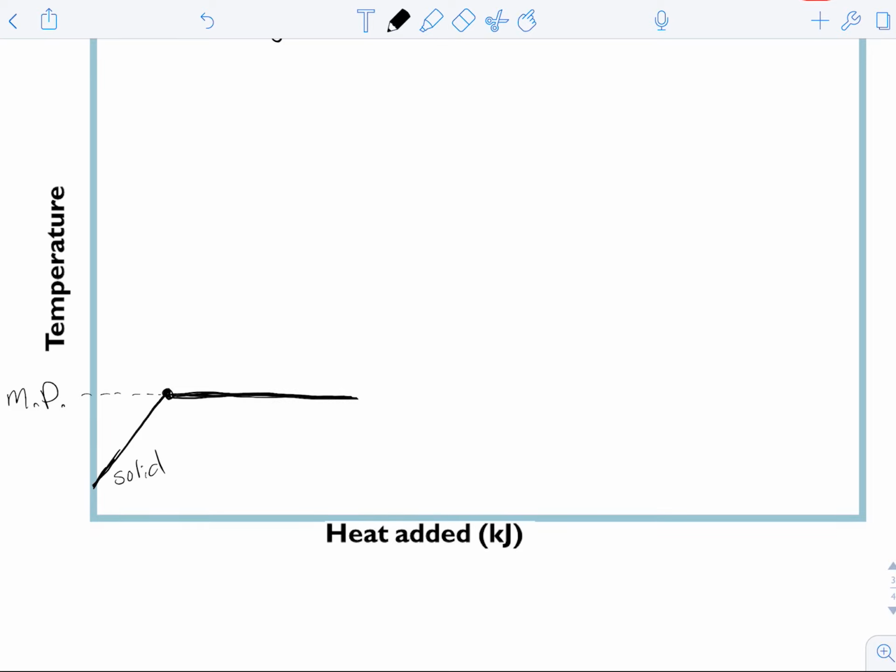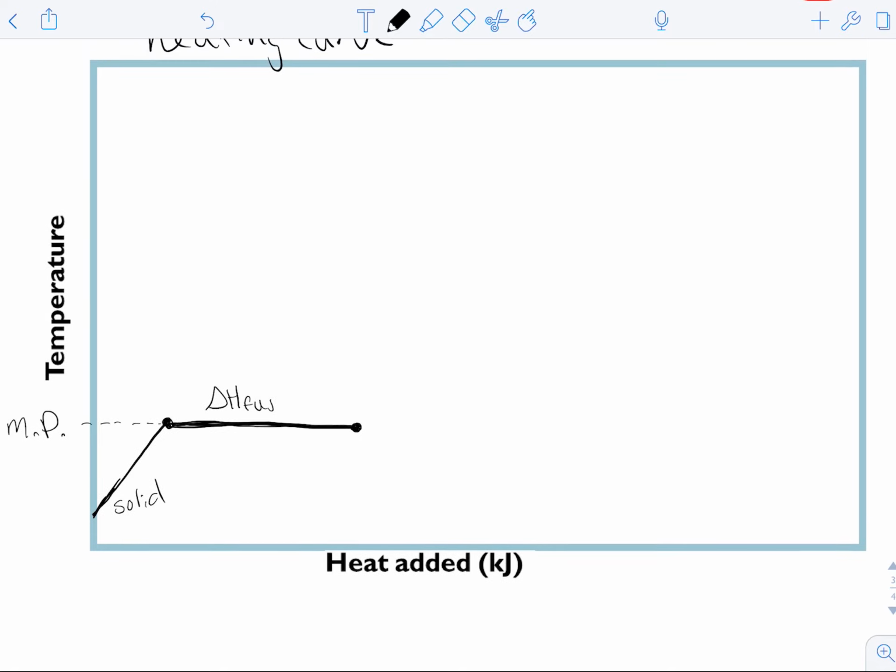So this is our delta H of fusion. Adding in that energy, we go from our solid state to our liquid state. And right along this heat of fusion line, our solid and our liquid are in equilibrium. I'll talk about that a little bit more when we start talking about phase diagrams.